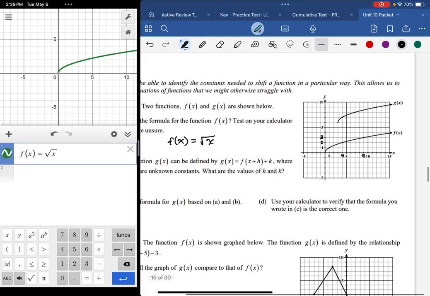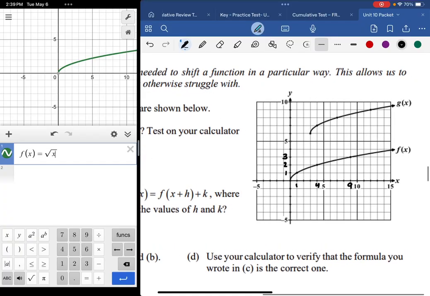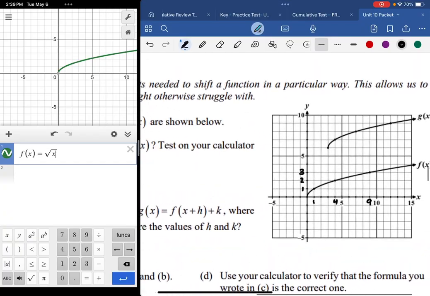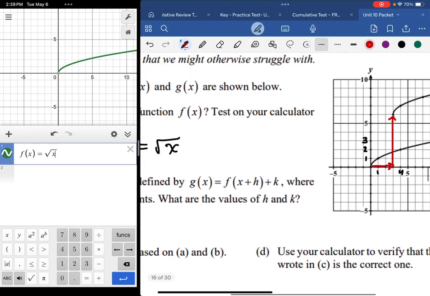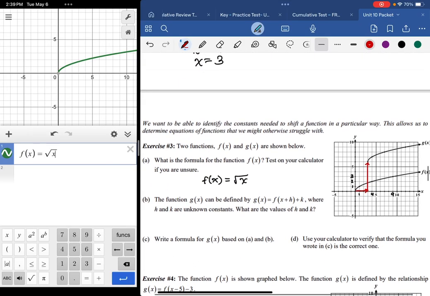All right, well, this one, so again, we're talking about g of x here. We shifted over 3 and up 6. All right, so my horizontal movement is going to be a total of 3 units.